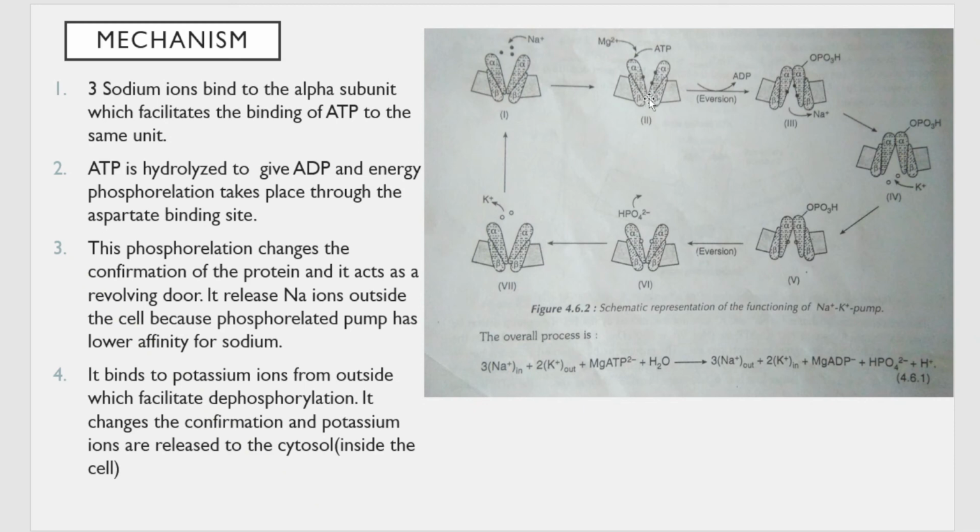So now this bottom part is called the aspartate binding site. Since phosphorylation takes place, the conformation of the protein changes. That is, this protein was in the V shape, now it has become upside down. That is, its conformation change is nothing but the eversion. It is becoming inverted now.